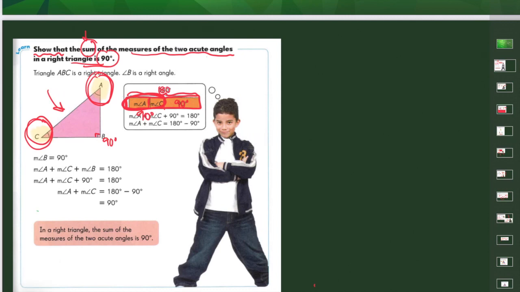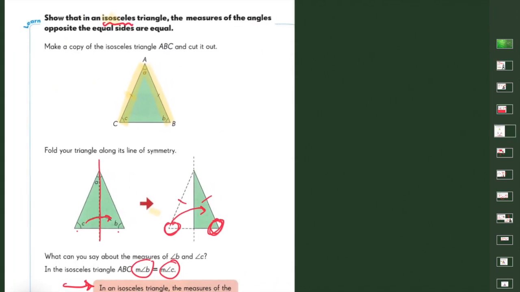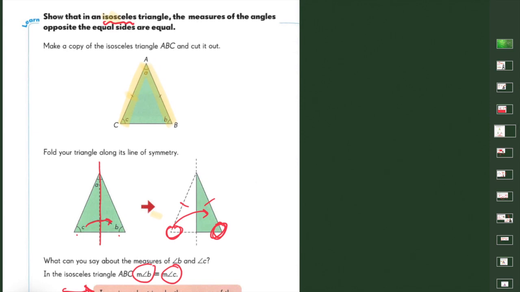Okay, so just to recap, in today's lesson, we learned that in a right triangle, the sum of the measures of the two acute angles has to have a total of 90 degrees. We also learned that in an isosceles triangle, the measures of the angles opposite the equal sides are equal in measure.